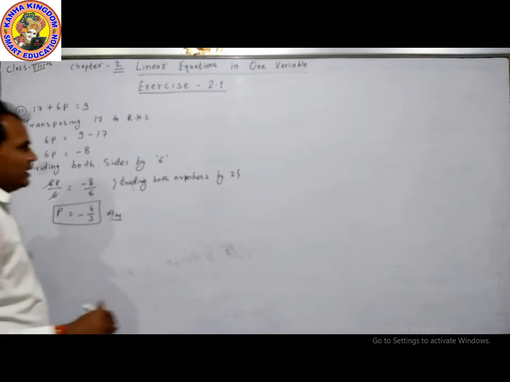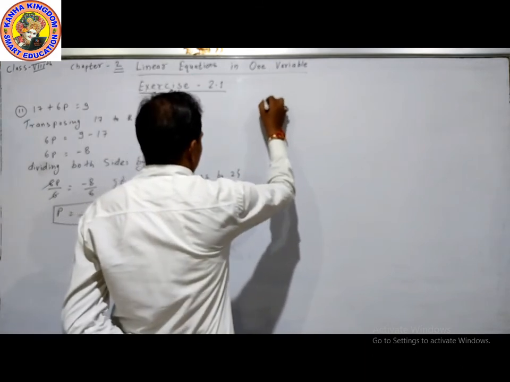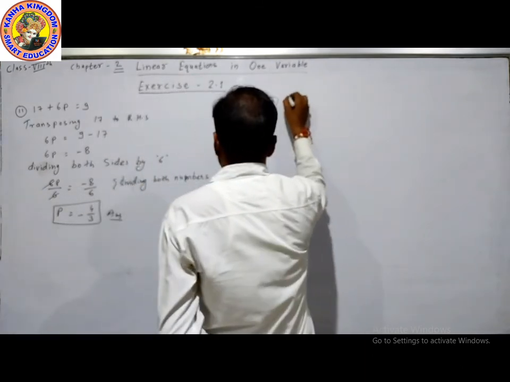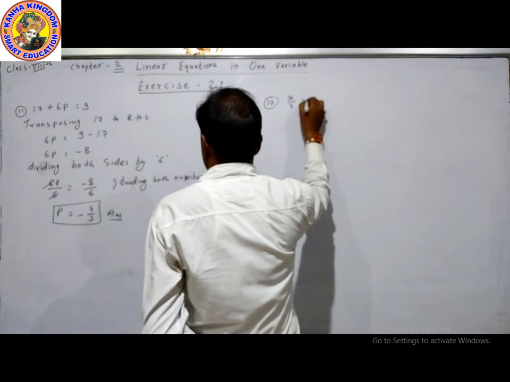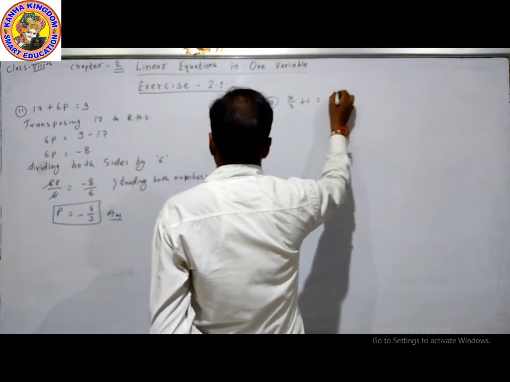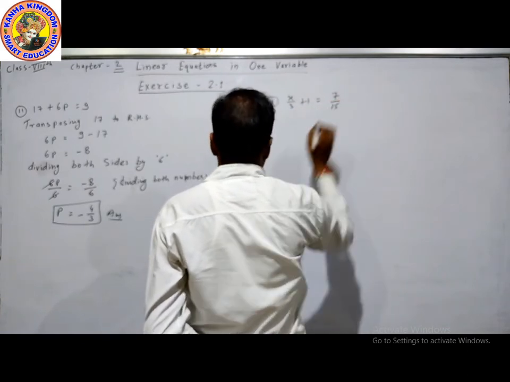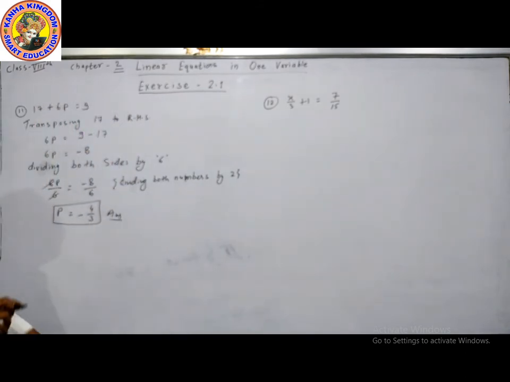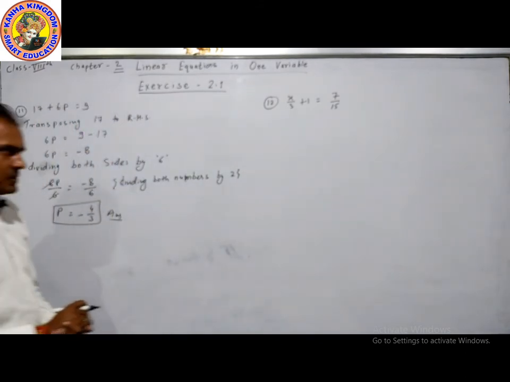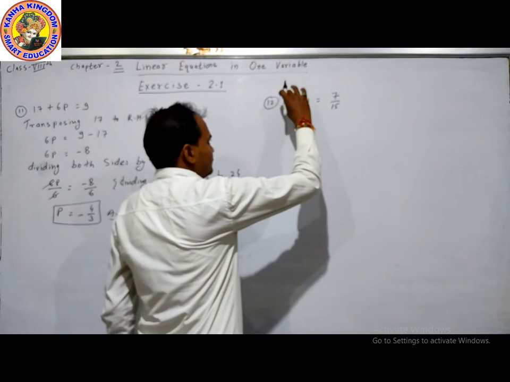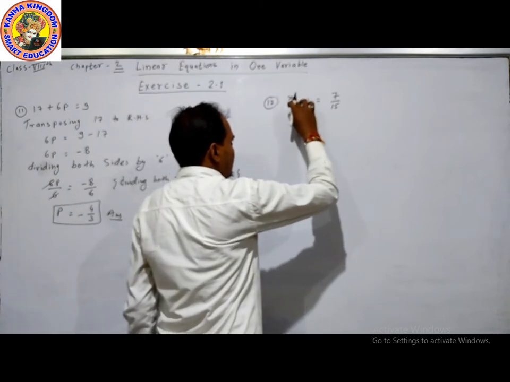We take another question, number 12. x upon 3 plus 1 is equal to 7 upon 15. Find the value of x.